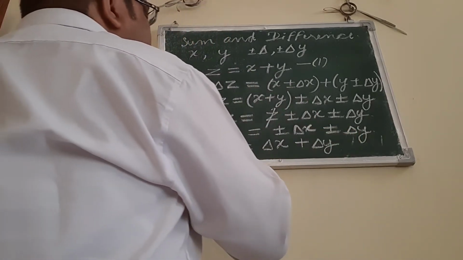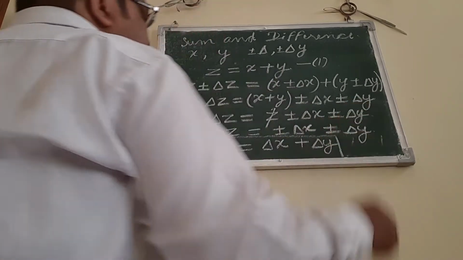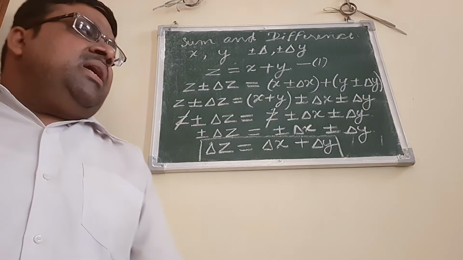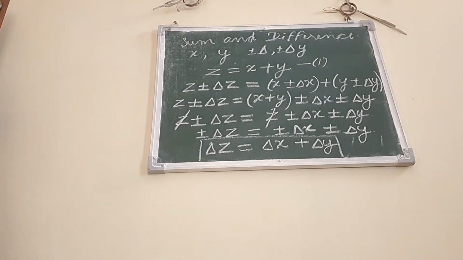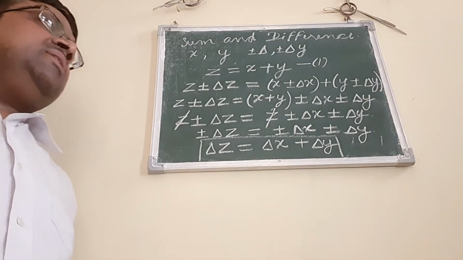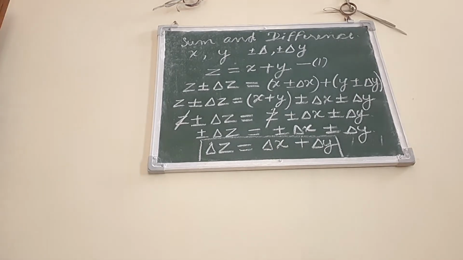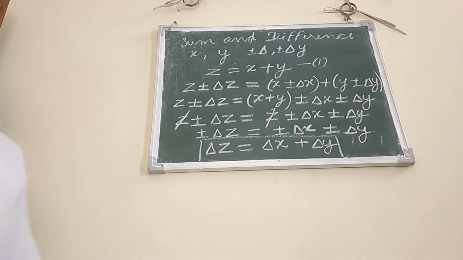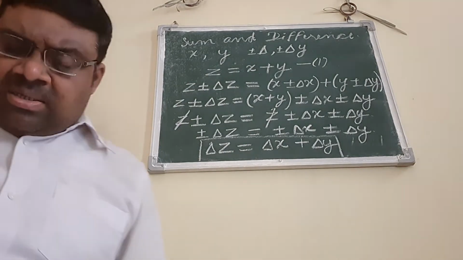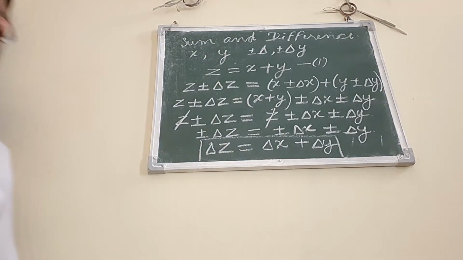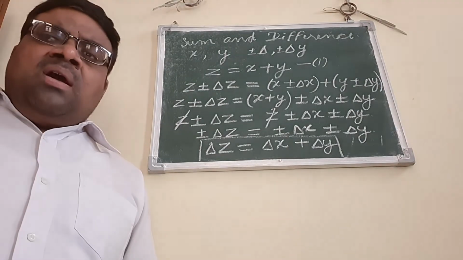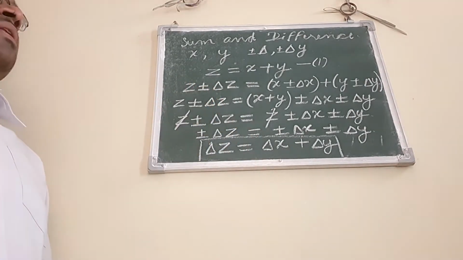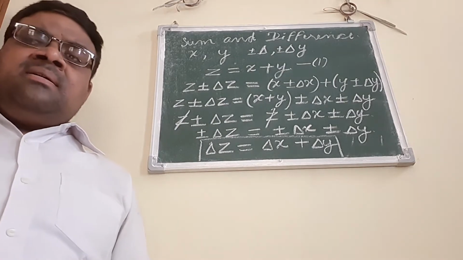So this is our final expression. If the two quantities are added, then their limiting errors will be added, and the expression will become delta z is equal to delta x plus delta y. Have you all understood about this? This is when the two quantities are added.